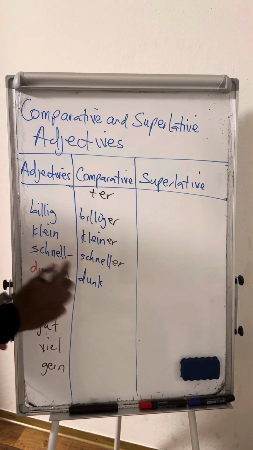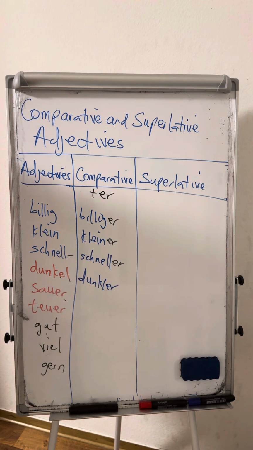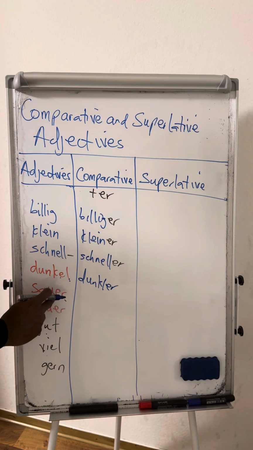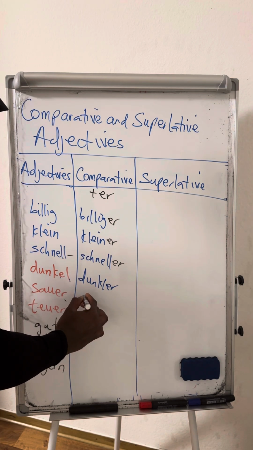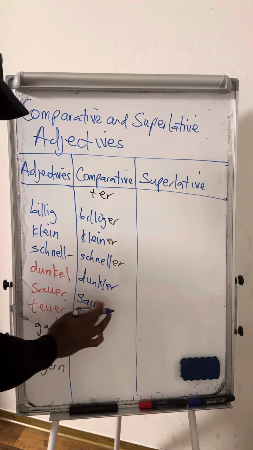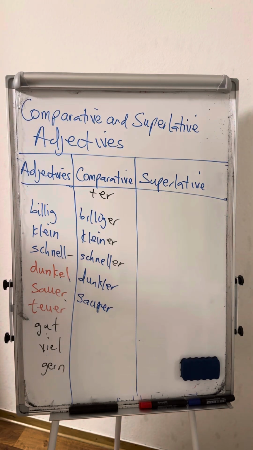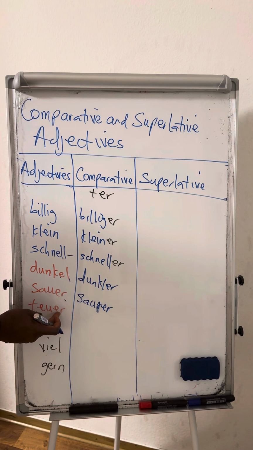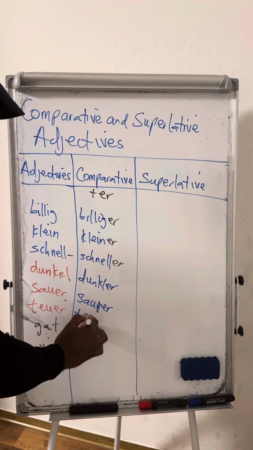The e goes away, you add your er, which is now dunkler. Sauer, the same thing, so in the comparative it will now be saurer. Teuer, which is expensive, in the comparative the e drops, giving you teurer.